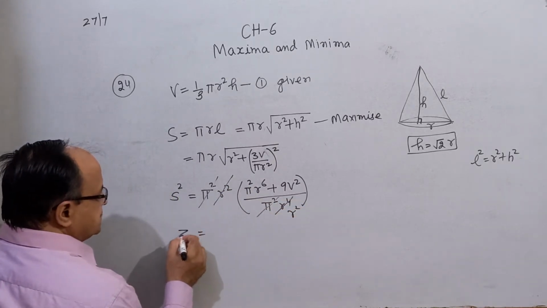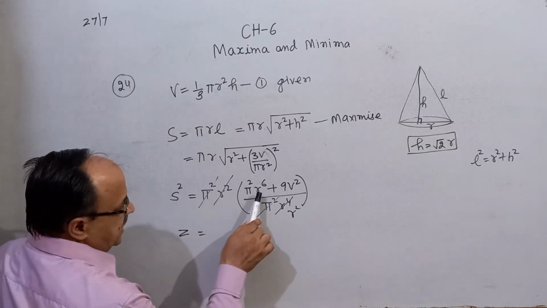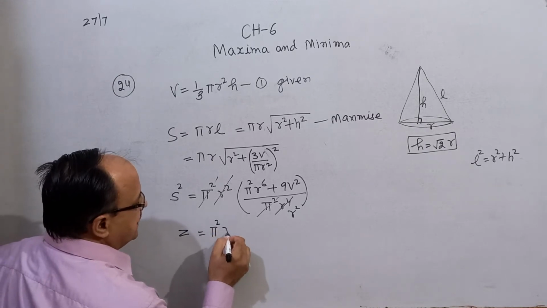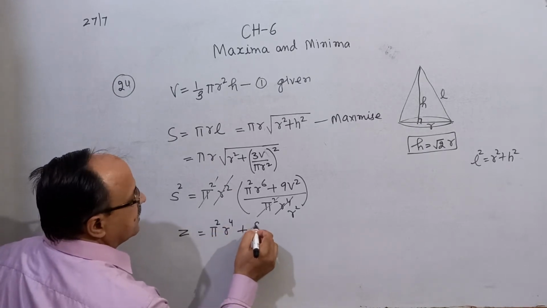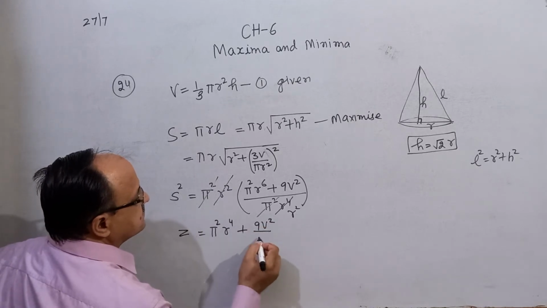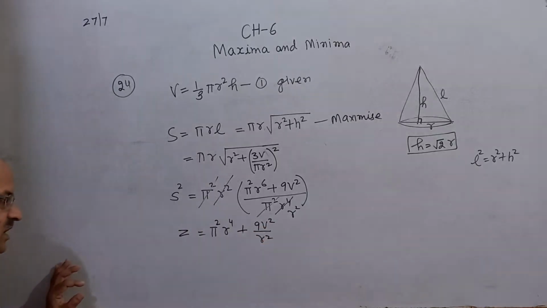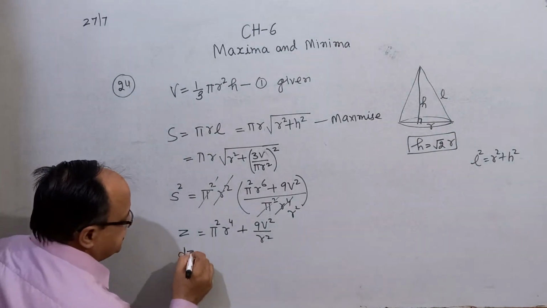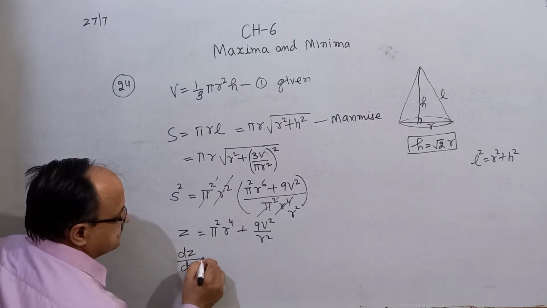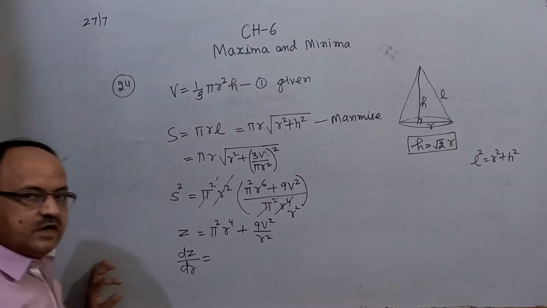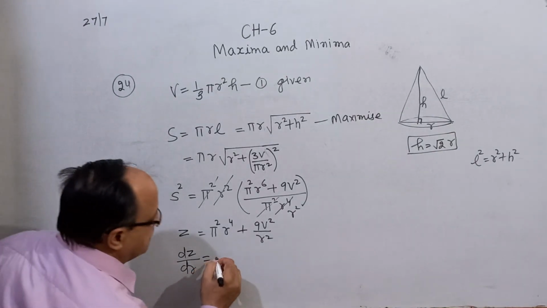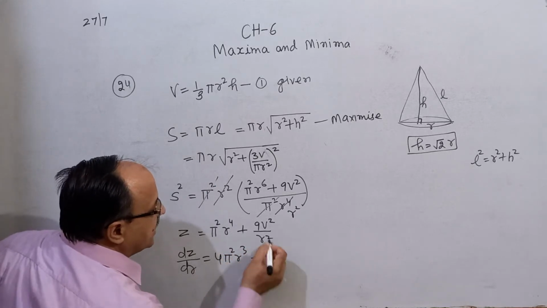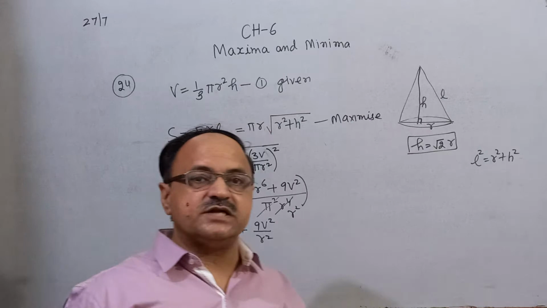Now you can let this be equal to z. Now pi square r to the power 6 divided by r square, that is pi square r to the power 4 plus 9v square upon r square. Now the question converts into the variable r. Differentiate both sides with respect to r. Now the derivative of r to the power 4 is 4 pi square r cube, and minus, what is the derivative of 1 by r square?